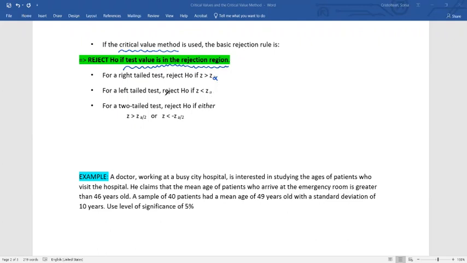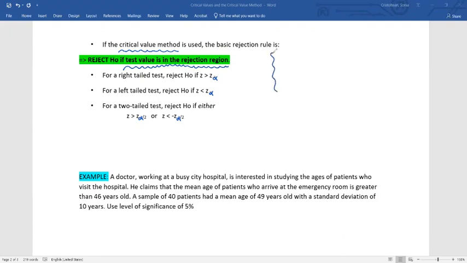For a left tail test, this happens if Z is less than Z alpha. And for a two-tailed test, reject H sub 0 if it's in a critical region, meaning greater than Z alpha over 2 or less than negative Z alpha over 2.